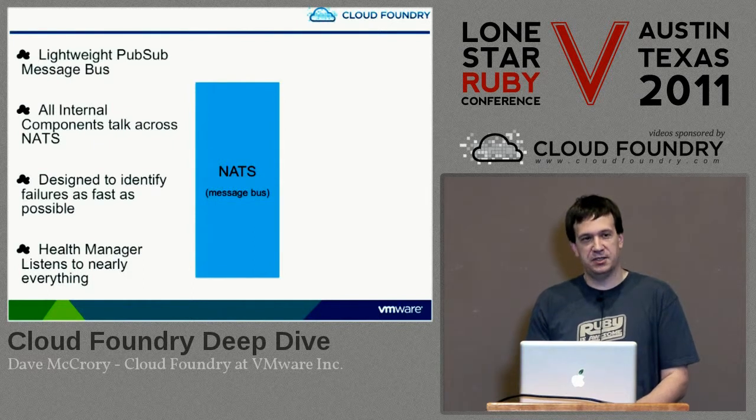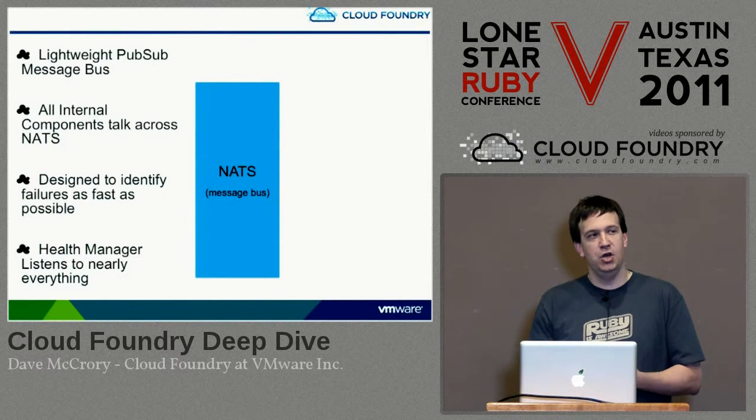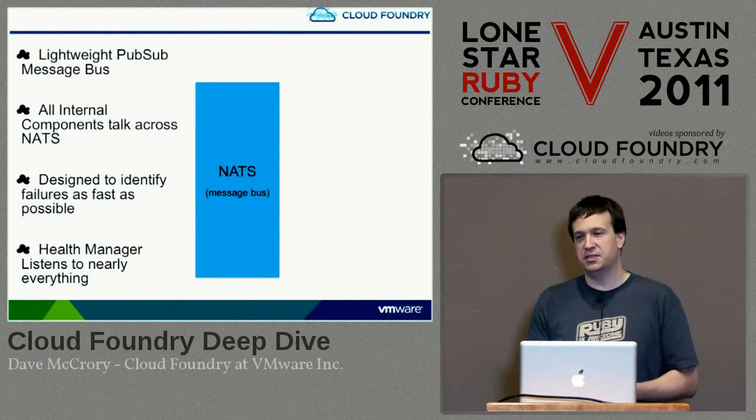So one of the philosophies is we want to know about a failure as fast as possible. We don't want retries. We don't want all of these things. We want something to fail because philosophically we're going to redeploy it as fast as possible and assume failure, and then have the entire system shift around that assumption. And so that happens so that we can find out about that faster.